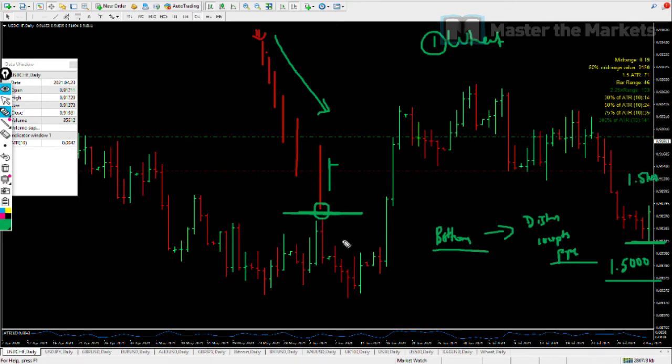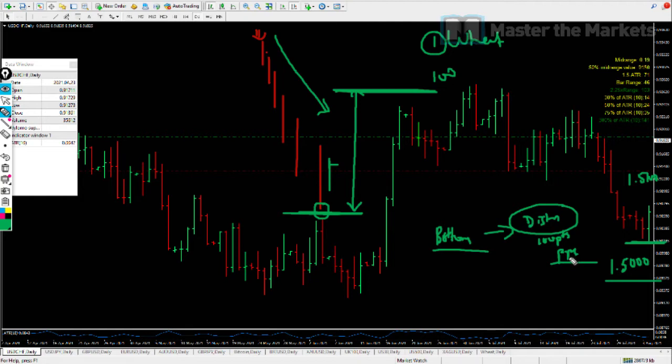Basically, all I'm saying is from the bottom here, if it moves 100 points, I would consider that a bottom. To quantify this bottom, I'm now using a distance parameter.